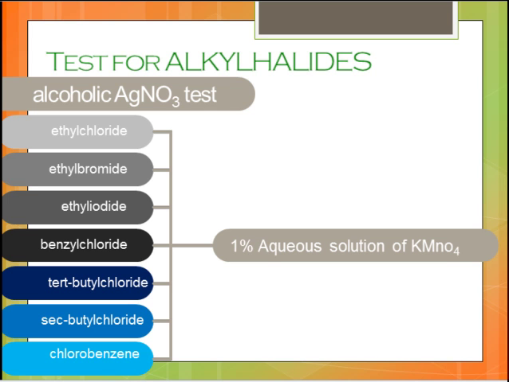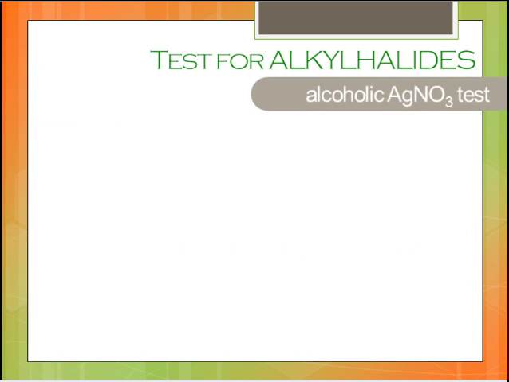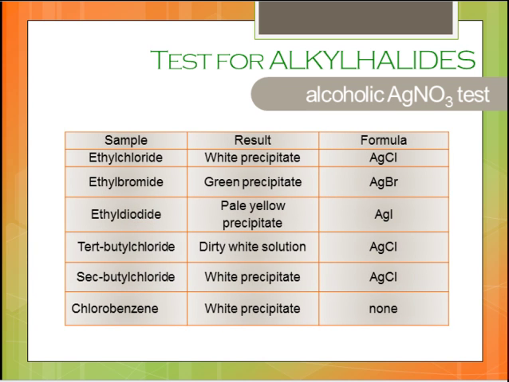The test tube is shaken, heated in a water bath, and done. What we are observing here is the formation of the precipitates and their colors. The results for the experiment are here, each reagent giving a specific color of precipitate, indicating which halogen is present. Note though that no reaction occurred with chlorobenzene.